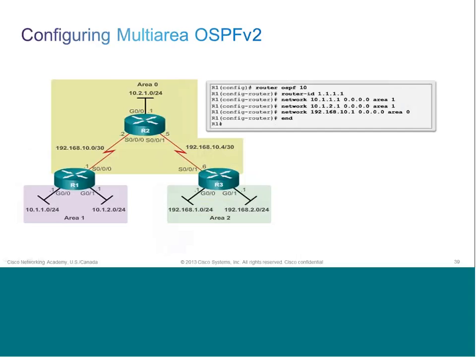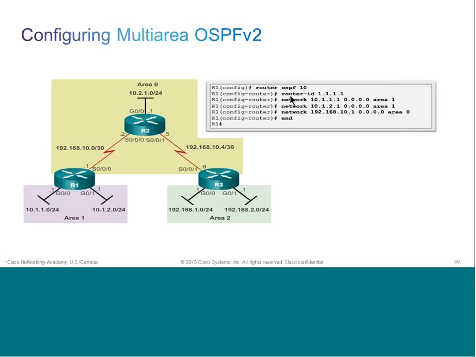Router 3 is an area border router because it has interfaces in area 2 and an interface in area 0. A router simply becomes an area border router when it has two network statements in different areas. And if you refer to the configuration, you will see that there's two network statements in two areas.